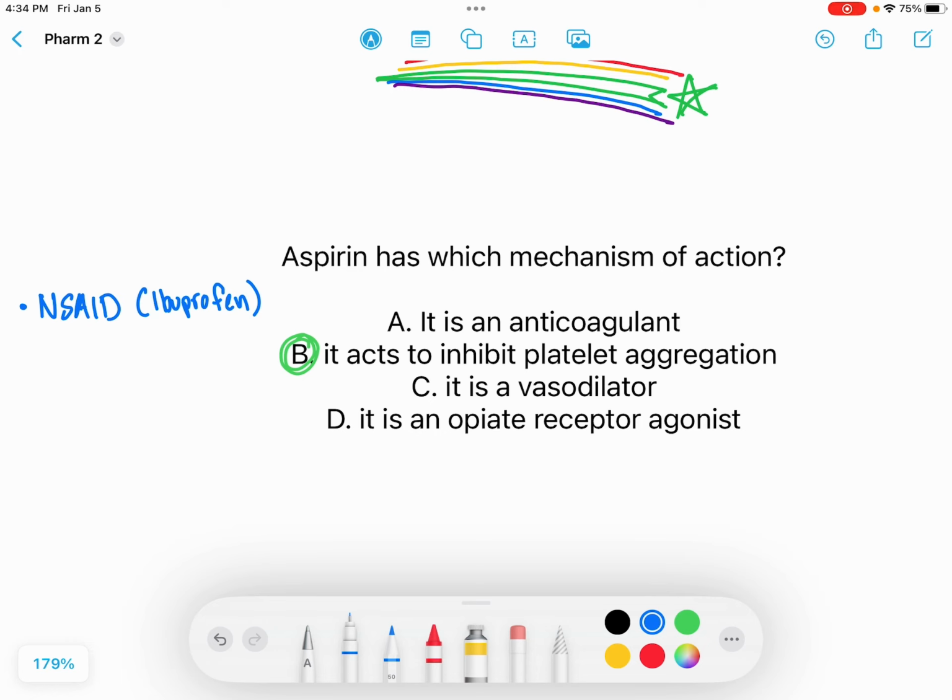Now, if you remember back to your hematology lectures, which at the EMT level should not be very extensive because it's not super important for most things that we do at the EMT level, you probably remember platelets are kind of like the first responders for bleeding control. So when we have injured blood vessels and tissues, they release chemicals that signal to platelets, hey, come here and fix me up.